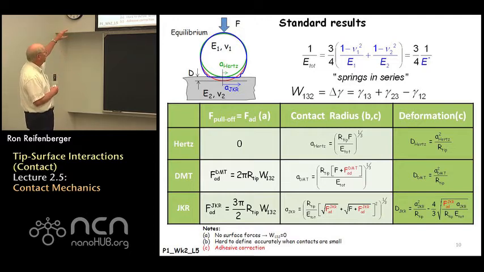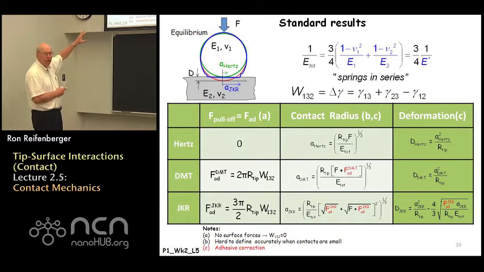However, when you move to DMT or JKR model, right, there are adhesive forces that result, and so the pull-off force that you would, in principle, be required to apply to remove the spherical tip from the substrate is related to these quantities W132 that were defined in the previous slide.